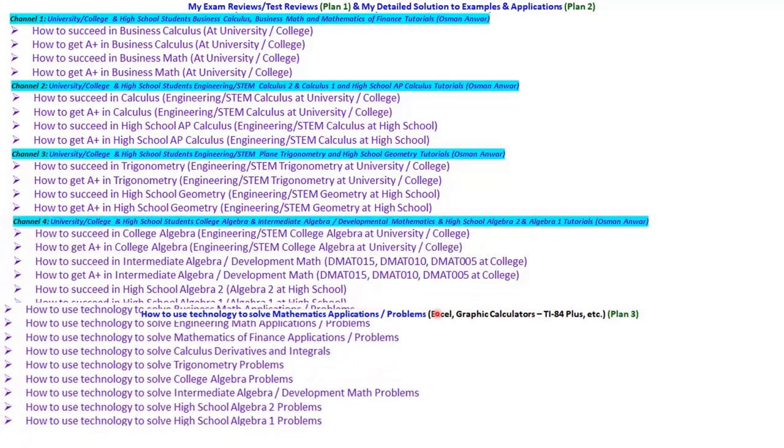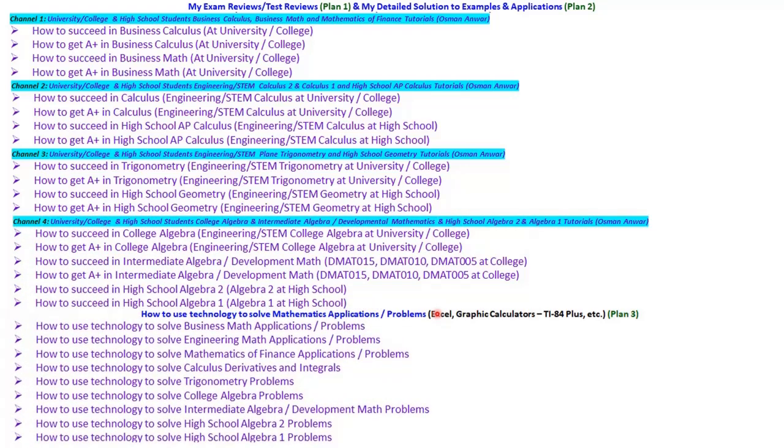How to use technology to solve business math applications, engineering math applications, mathematics of finance applications, calculus derivatives and integrals, trigonometry, college algebra, intermediate algebra, developmental math, high school algebra 1 and algebra 2.